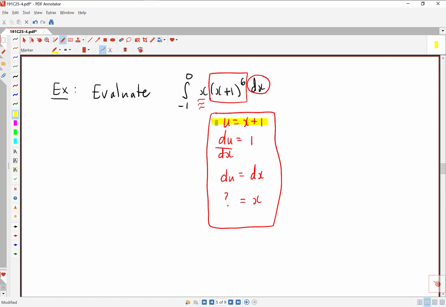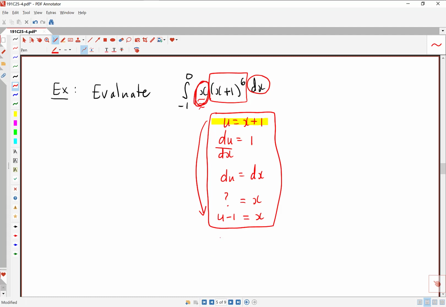We said u is equal to x plus 1. So that means x is actually equal to u minus 1. So that's a little tricky. We haven't had to use that strategy before. It's something that comes up occasionally. Occasionally you'll need to look back up at u and figure out what one of your factors looks like in terms of u. So that allows us to say this part here is going to be u minus 1.